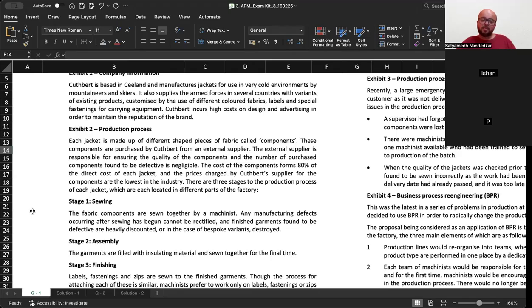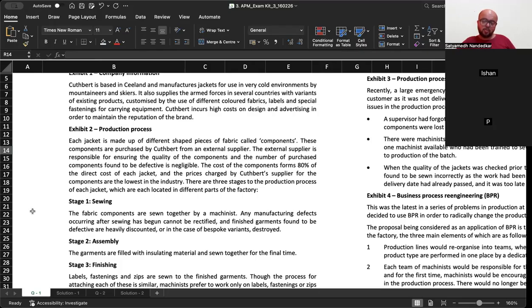Here they have described the production process, that the components are purchased from an external supplier, who is responsible for ensuring the quality of the components, and the number of purchased components found to be defective is negligible. The cost of components forms 80% of the direct cost. Okay. And the prices charged by Cuthbert's supplier for components are the lowest in the industry.